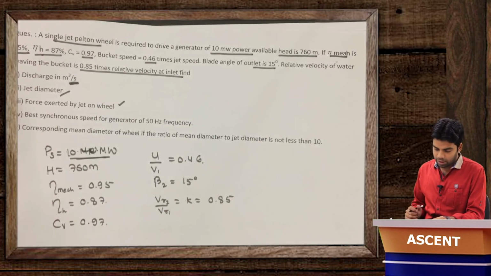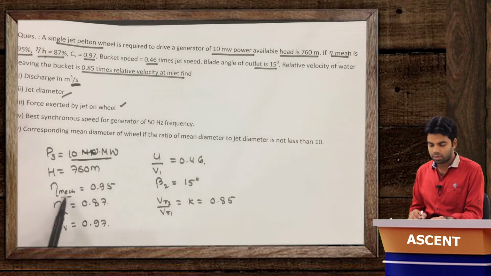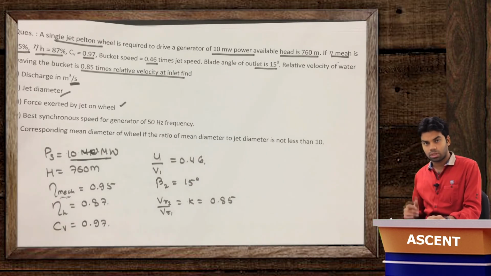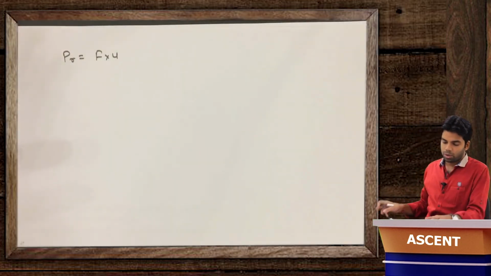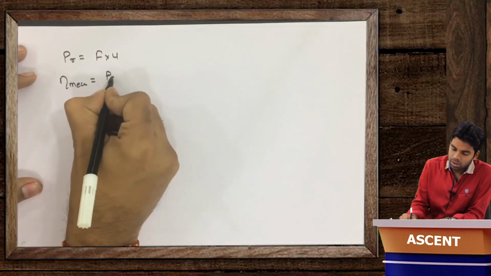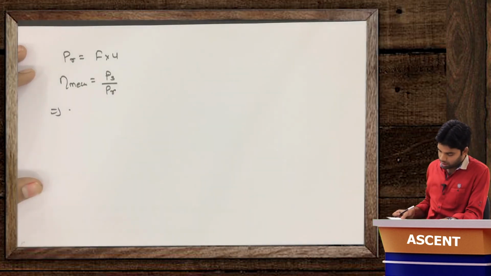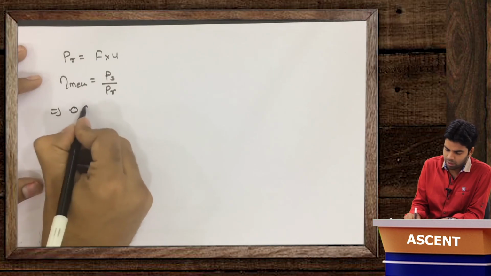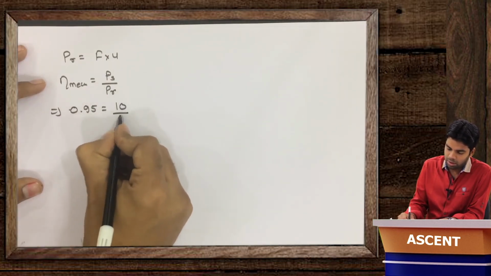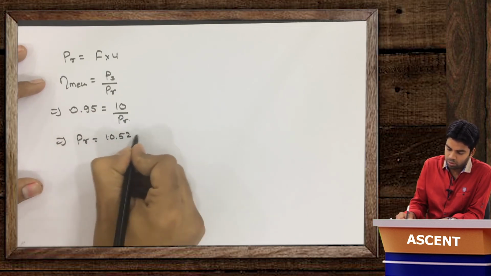But we have the value of mechanical efficiency, so we can determine the runner power directly without using VW1 and VW2. Mechanical efficiency is shaft power divided by runner power, so 0.95 is equal to shaft power, 10 megawatt, divided by runner power. From here the runner power will be equal to 10.52 megawatt.